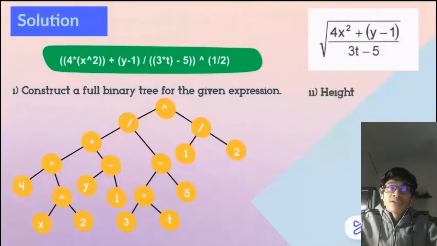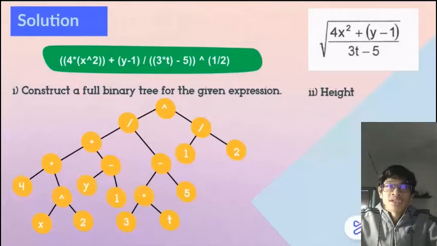Let's focus on the left node from the root. We will fill it with the division symbol, and the division symbol will have another two children: for the left side we fill with the addition symbol, and for the right side we fill with the subtraction symbol.